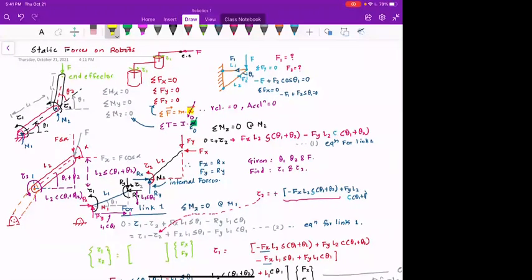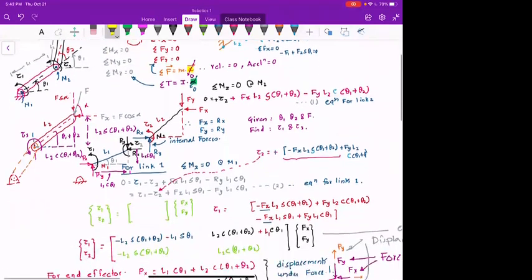So in today's class, we looked at the method of virtual work, wherein we have some end effector forces, or the forces that are acting on the end effector. And then we want to resolve those forces in each joint. We actually used the conditions of static equilibrium and solved the two link robot problem.